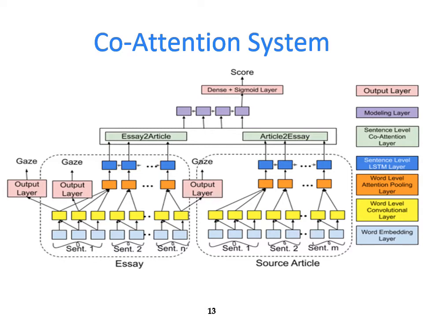Just like Dong et al. 2017, we get a representation for the essay, and what Zhang and Littman also do is they get a representation for the article, and then send the representations to a co-attention layer, and then a modeling layer, and finally an output layer to get the essay score. Just like the earlier approach, we also collect the gaze behavior data at the word level CNN layer.